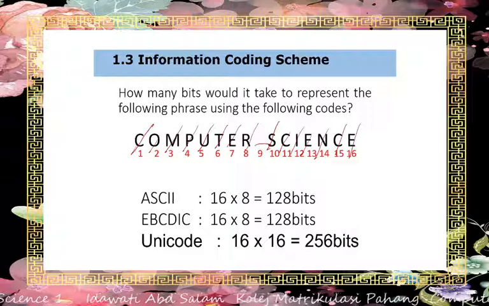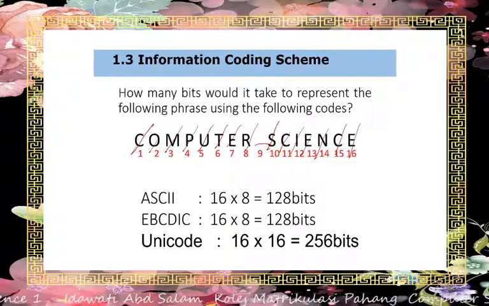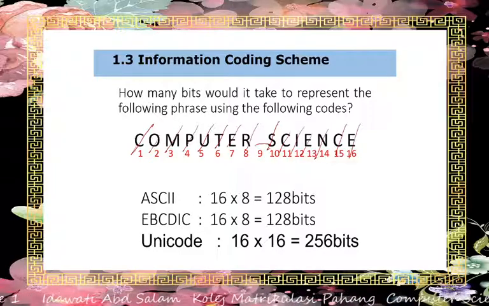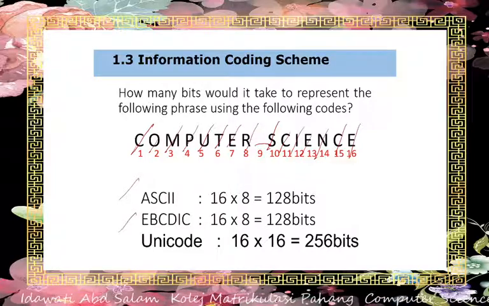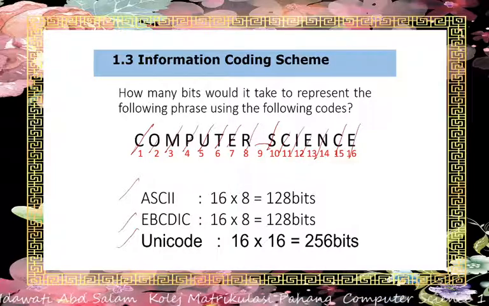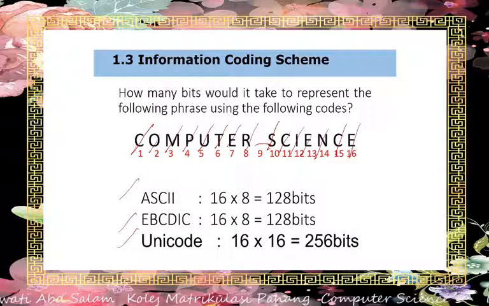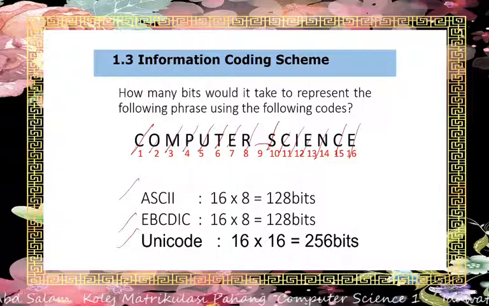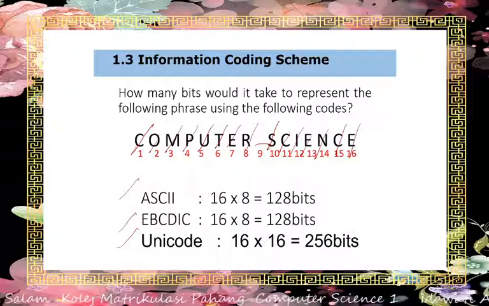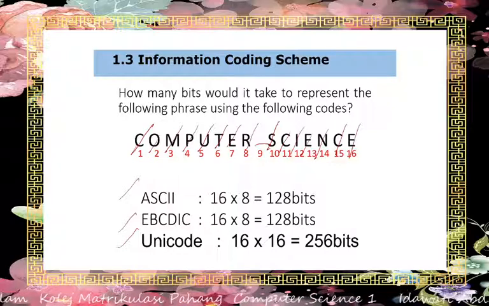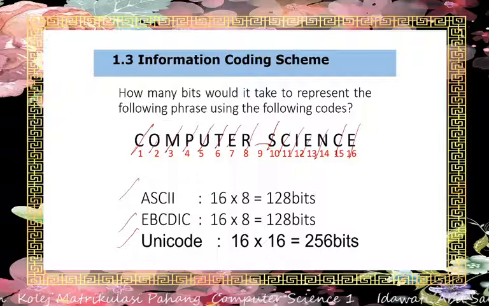So now we will calculate how many bits in ASCII, EBCDIC and Unicode. As we have learned before, ASCII has 8 bits to represent the information for one character.